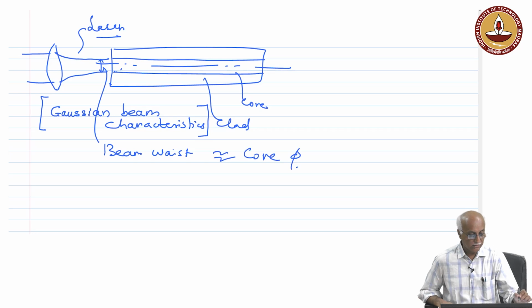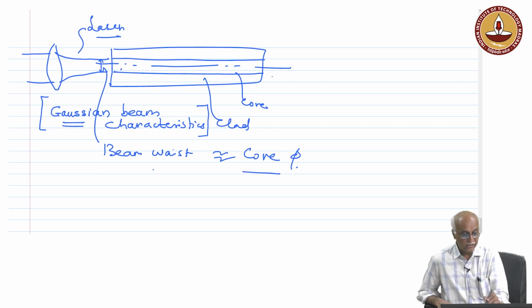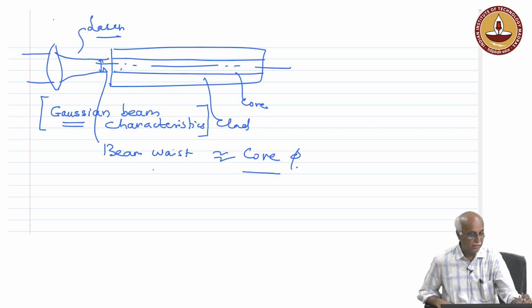Since it follows Gaussian beam characteristics, we will see at a later stage that the Gaussian beam has a different divergence angle, much smaller than the conventional optical light sources. And here numerical aperture doesn't come into the picture, rather it's only the beam waist matching with the core diameter, and the light will get coupled. This is the input end.